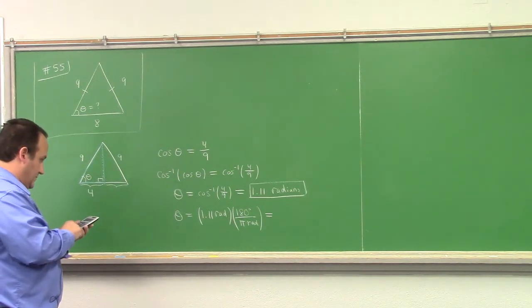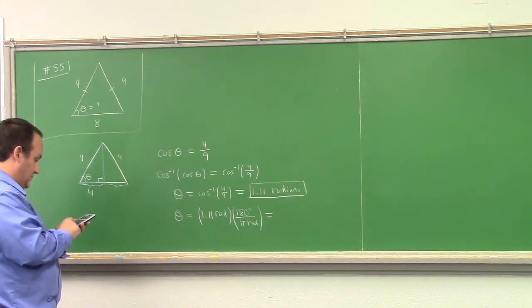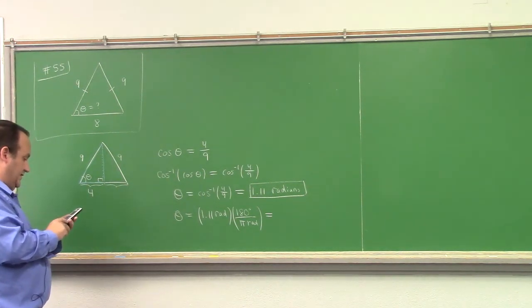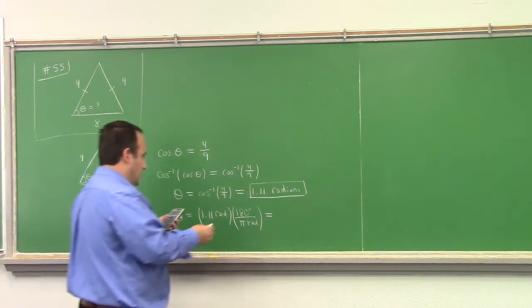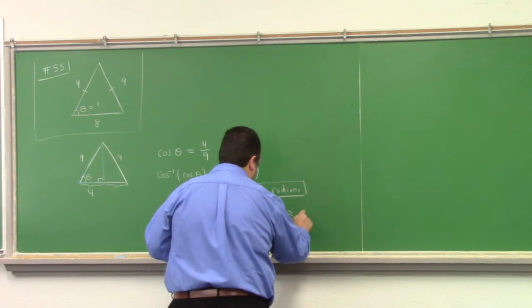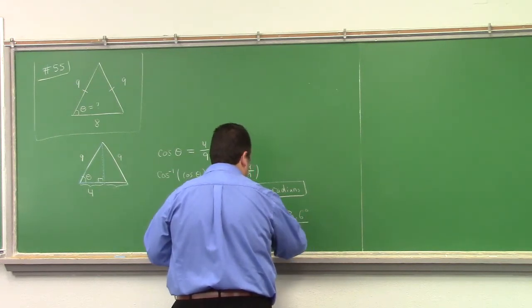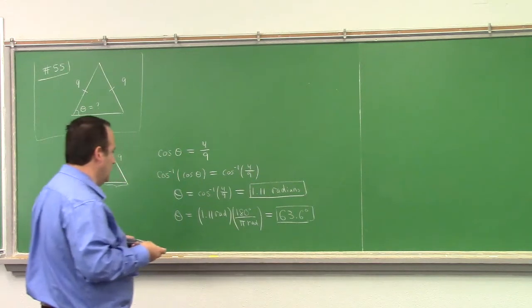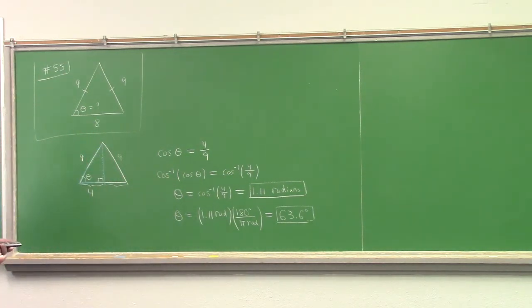I got 63.6 degrees. Is that what you got? No? So 1.11 times 180 divided by pi. I mean, basically 180 over pi is kind of like 60-ish. And then, so yeah, 63.